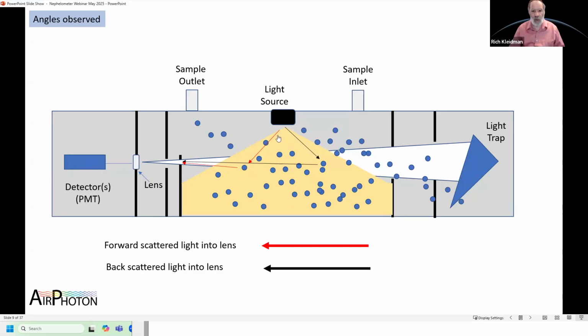If I'm following this path, this is a forward scattering path because it is mostly continuing in the same direction. It's a direction of 0 to 90 degrees. If I'm interacting with a particle here, I'm going to have a backscatter event, and that's what I'm going to measure. Now, the particles will scatter in all directions, but this is the path where it interacts with the detector.